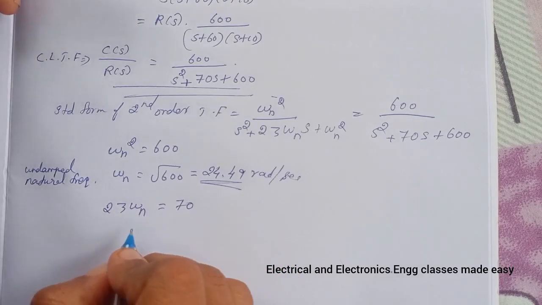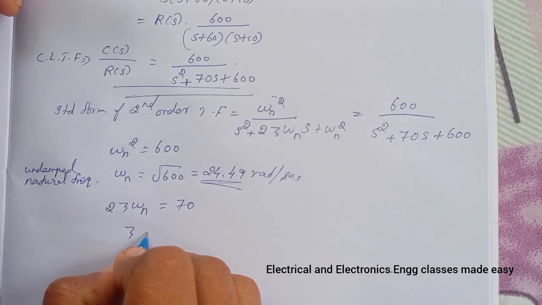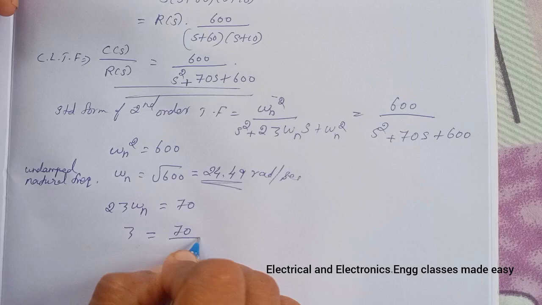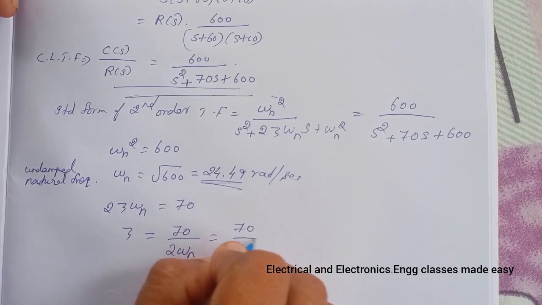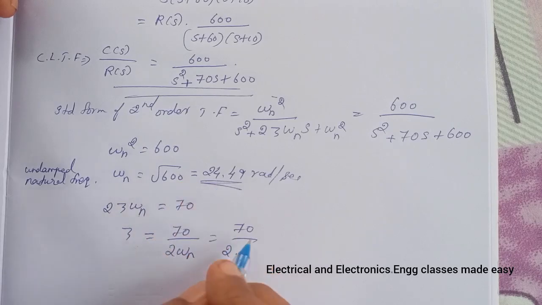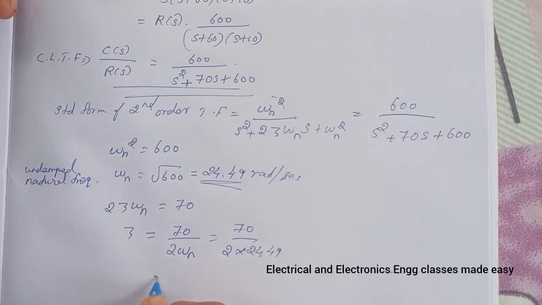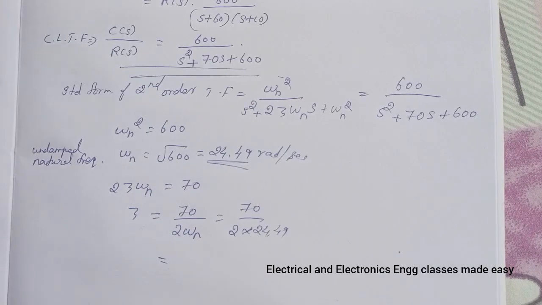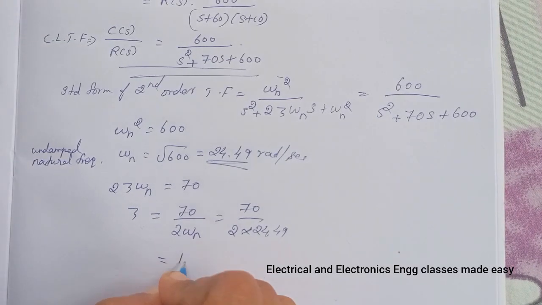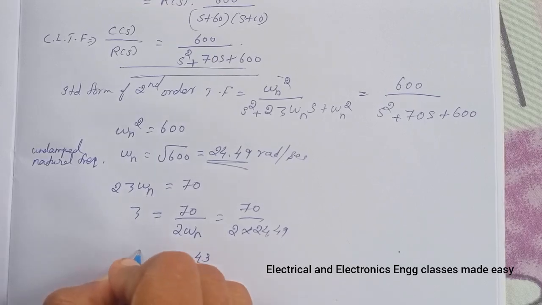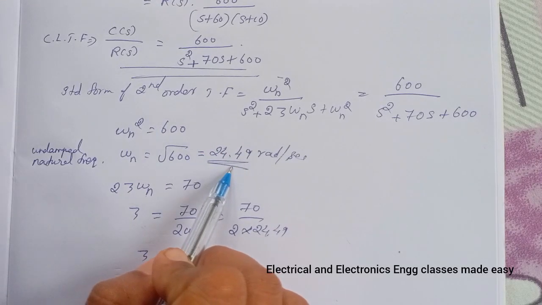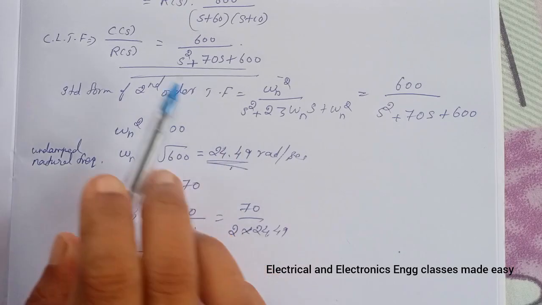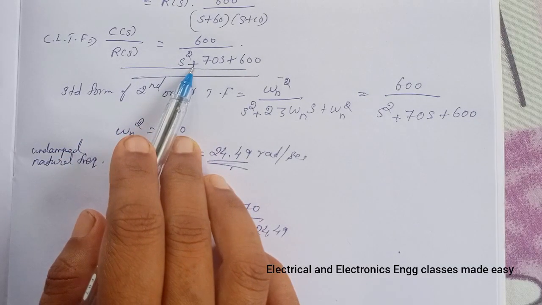So from here zeta is equal to 70 divided by 2 omega n, that is 70 divided by 2 into 24.49, and we get zeta equal to 1.43. So this is the value of zeta, this is the undamped natural frequency, and this is the closed loop transfer function.